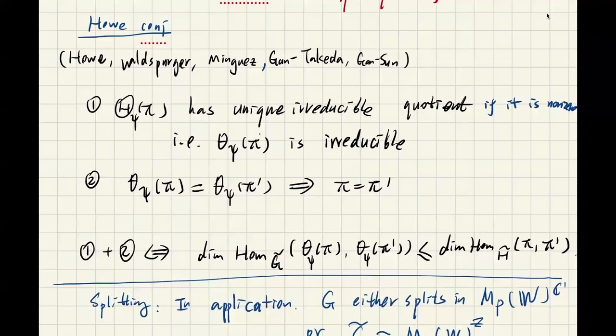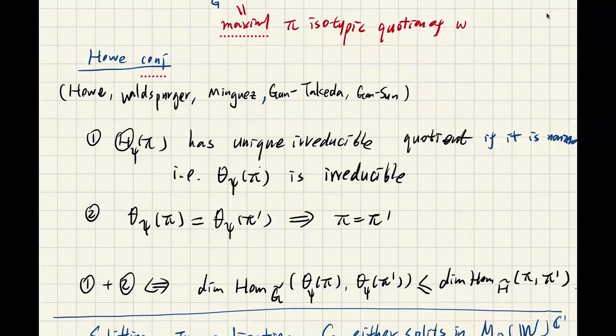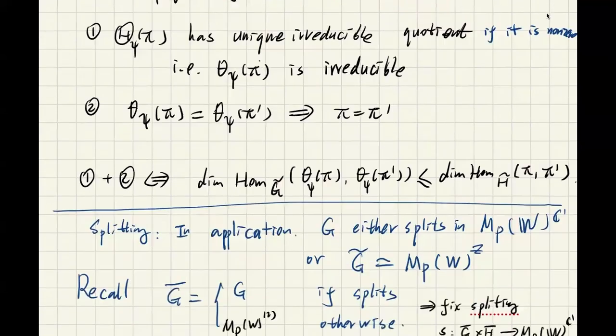It relies on a lot of things, especially Gan–Takeda's proof relies on some structures about induced representations, and their method is based on Minguez's method.